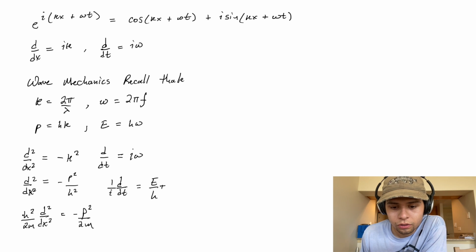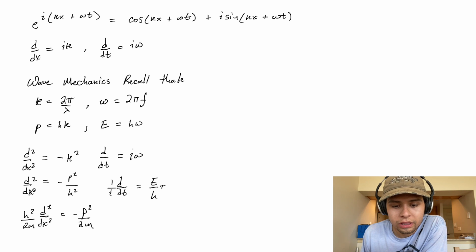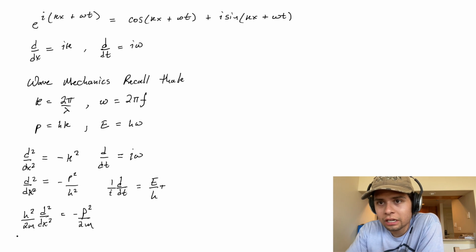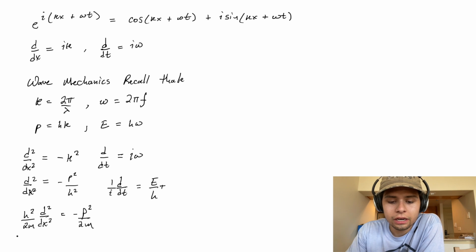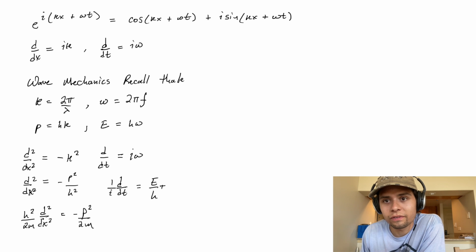So the kinetic energy, therefore, is the eigenvalue for this operator here. So if we can somehow measure the kinetic energy of a particle, then we understand what taking its double derivative is like.